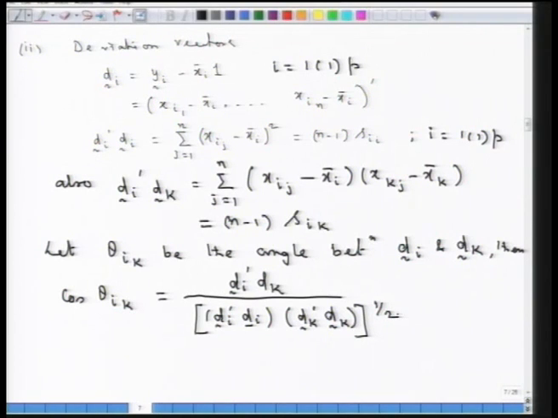So if we have these two deviation vectors d_i and d_k, the cosine of the angle between them is given by this.